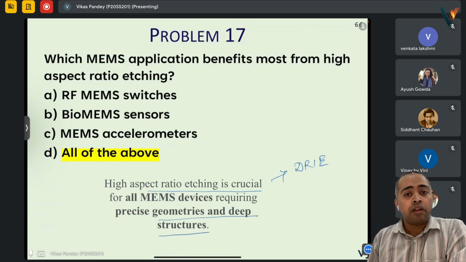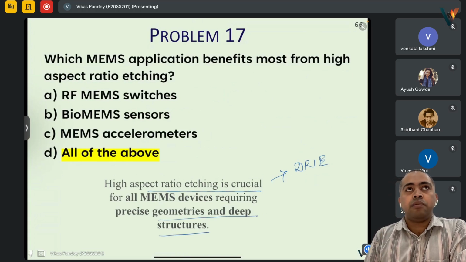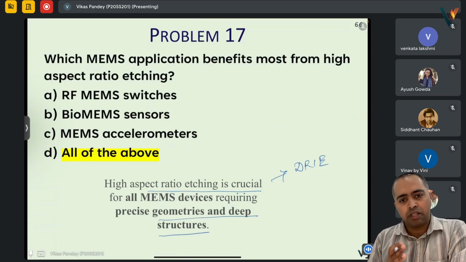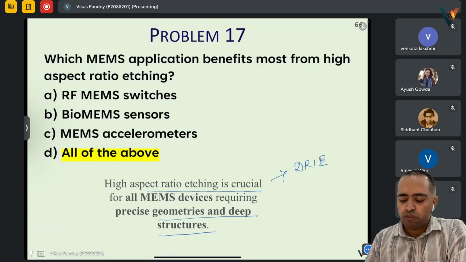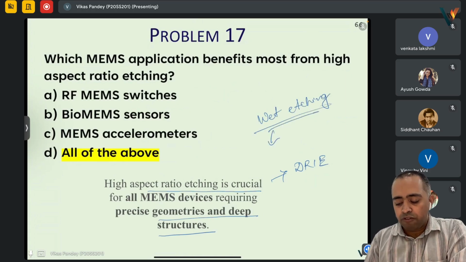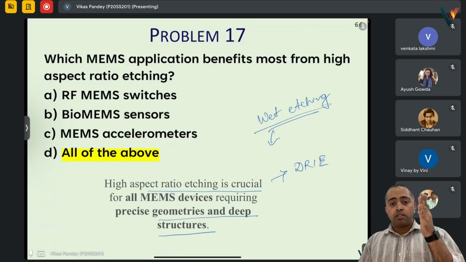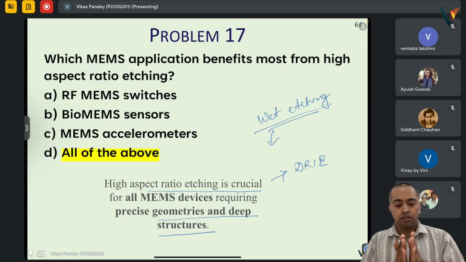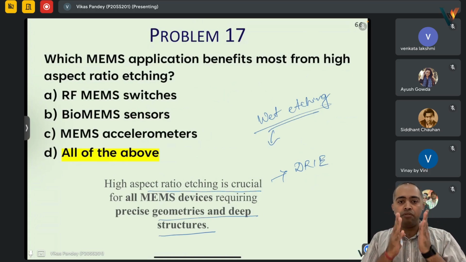If it was for surface micromachining, it could easily have been done using wet etching. But when we are talking about even smaller structures where we need very precise aspect ratios, and we don't want bulging on the top and all, we have to go to deep reactive ion etching or reactive ion etching.